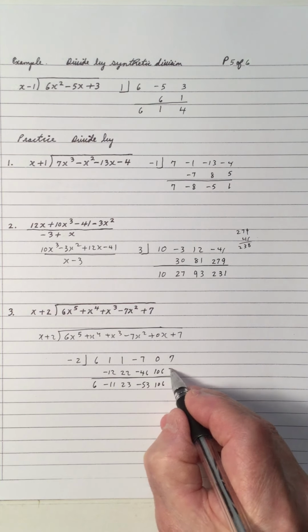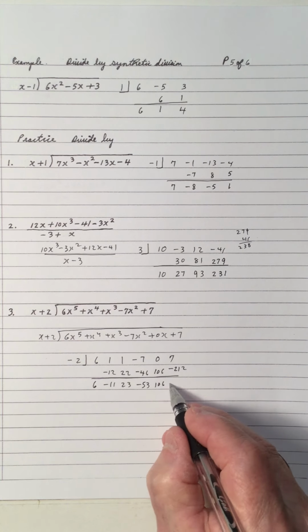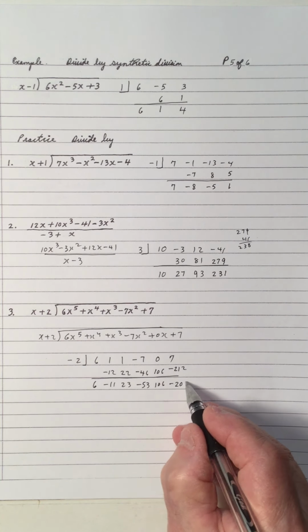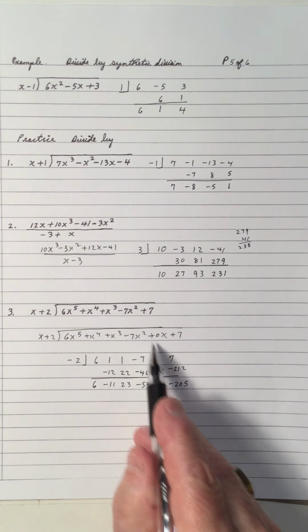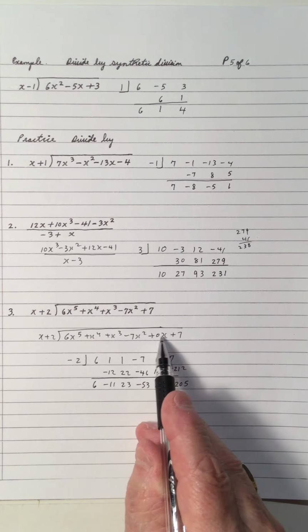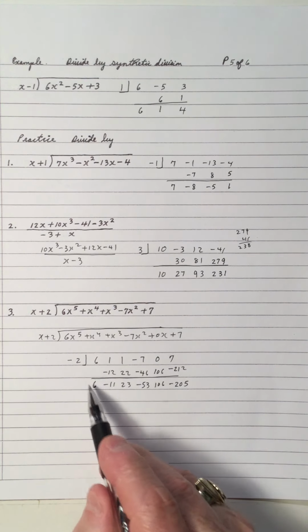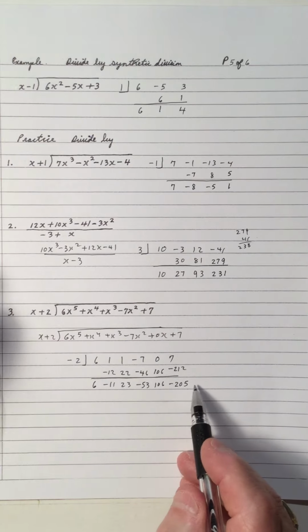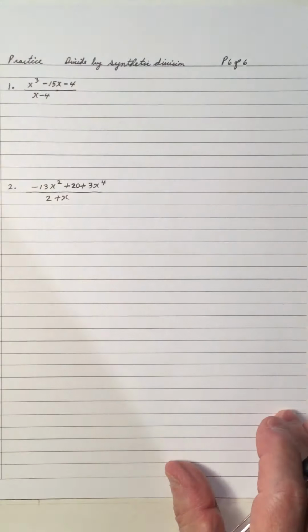Multiply, we get a negative 212. And that gives us a negative 205. So again, 0 is missing. The x term is missing, so fill it in. So that means the 0 goes in here. So you bring it down, multiply, add, and you get to the end. You can see the pattern that I'm developing with synthetic division.